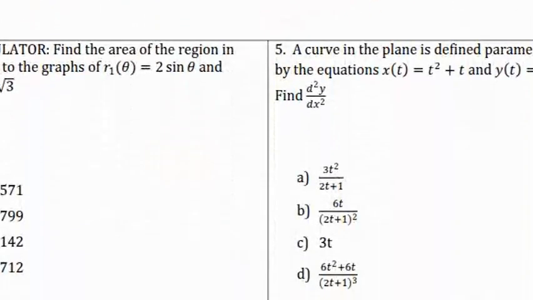So now we have a couple of FRQs. For our first FRQ, we're asked to find the area of the region common to the graphs of r1 equals 2 sine theta, and r2 equals square root of 3. So what you want to do is find the intersections of these graphs first.